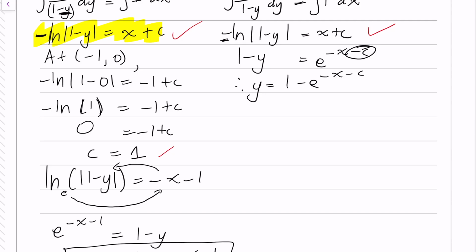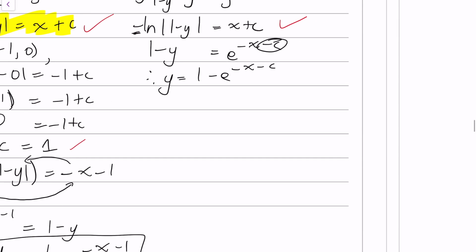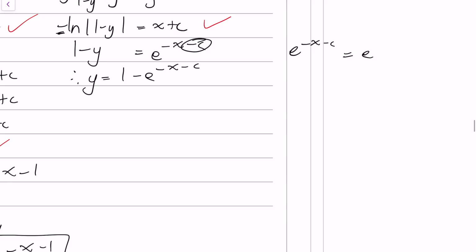Remember that we can separate these exponents using our exponent laws, index laws, and e to the negative x minus c is equal to e to the negative x over e to the c.